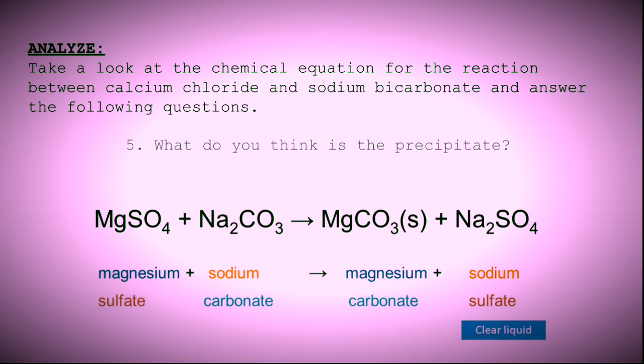And the image tells us that the sodium sulfate is a clear liquid. So question 5 is asking you, where is the precipitate? Well, we know it's a part of the product, and we know that sodium sulfate is a clear liquid. So we know that the only other possible product that could be our precipitate is the magnesium and carbonate.